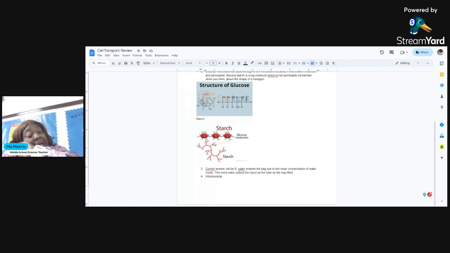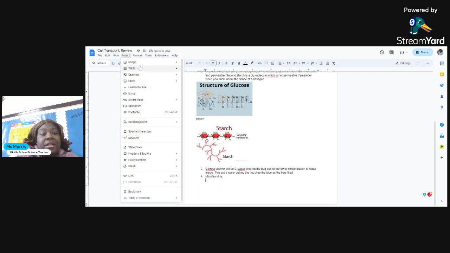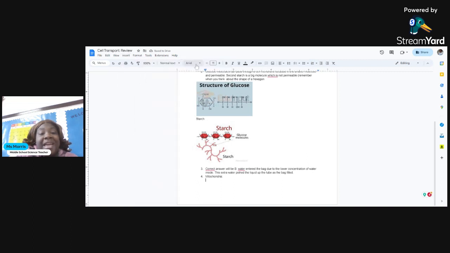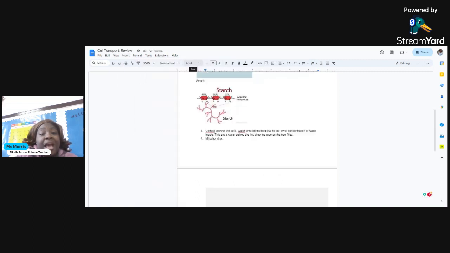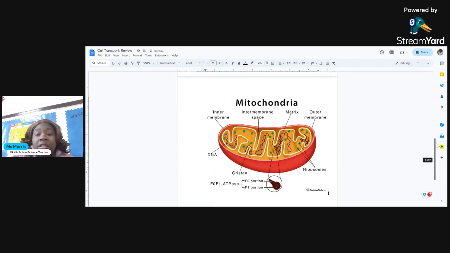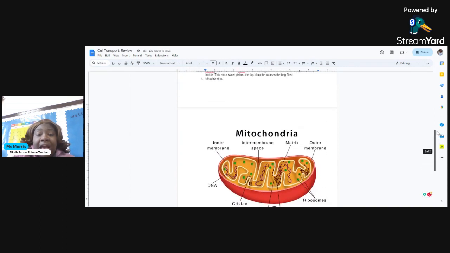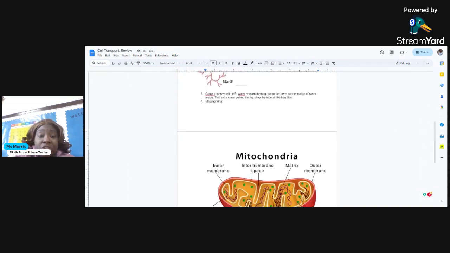I'm going to put in an actual picture of the mitochondria for you guys to be able to get a better understanding of the actual mitochondria. And then I'll explain what the actual function of the mitochondria is. Okay. So this is a picture of a mitochondria. The mitochondria is the energy that is provided throughout the cell.